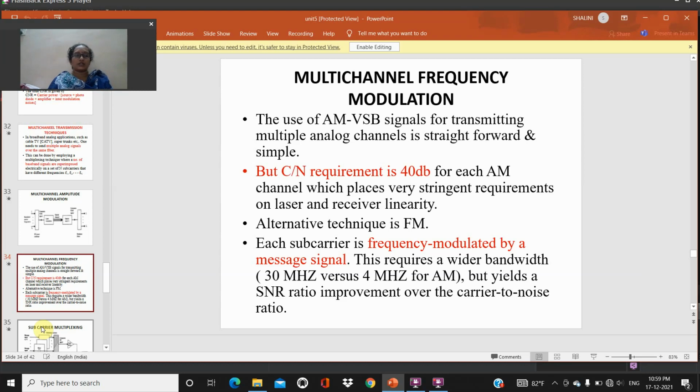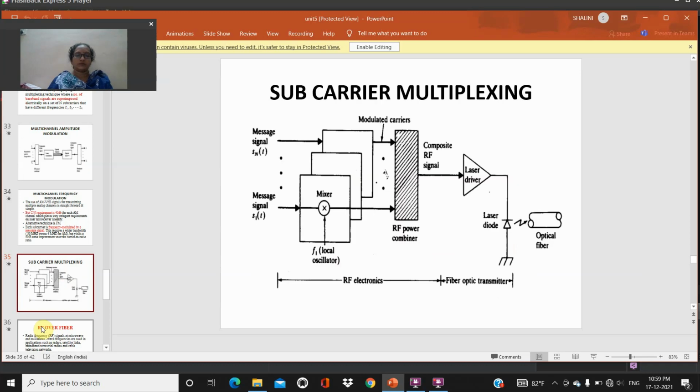carrier to noise ratio. Again, the subcarrier multiplexing block diagram is shown in the figure below. The message signals S1 of t to Sn of t are sent to different modulated carriers, and there is a mixer with a local oscillator, and these are given to the RF power combiner.